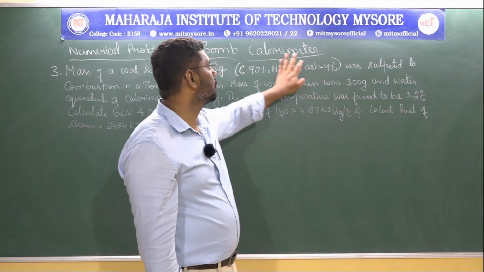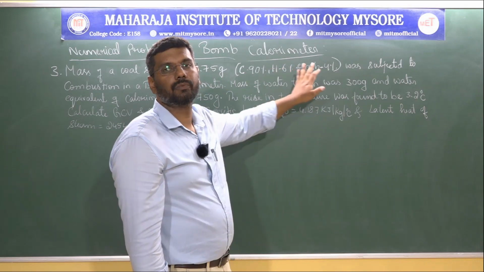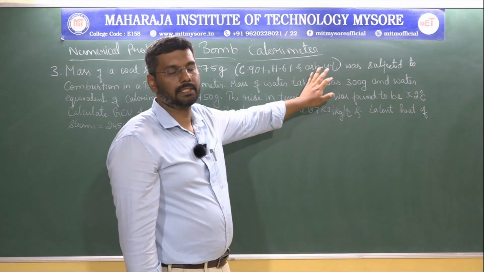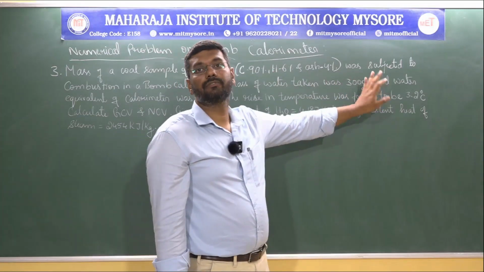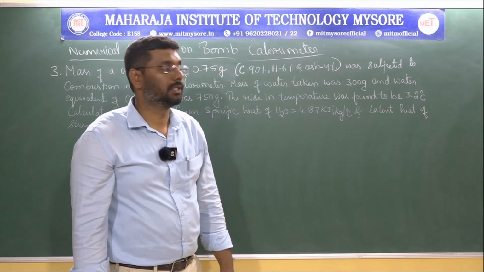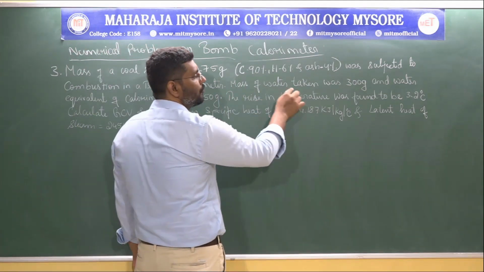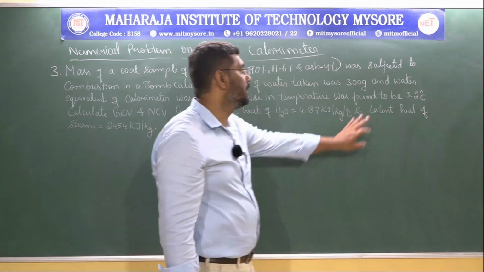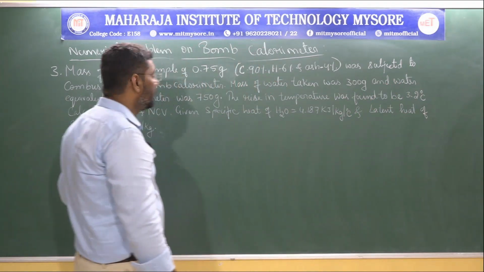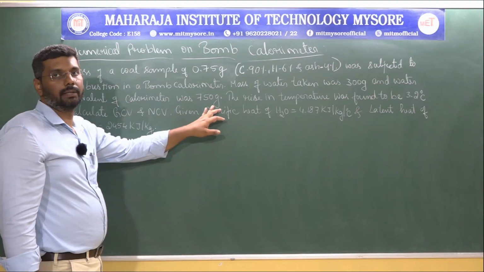These are the overall percentages of chemicals, that is hydrogen and carbon along with ash, present in the given 0.75 gram of coal sample, which is subjected to combustion in a bomb calorimeter. During the combustion process, the mass of water taken inside the bomb calorimeter is 300 gram and water equivalent of calorimeter is 750 grams.